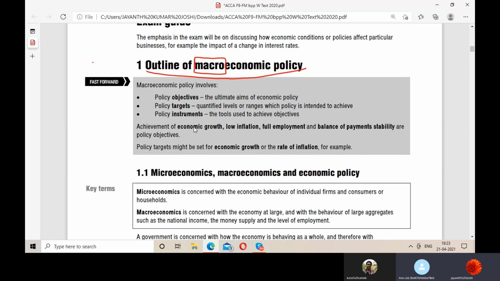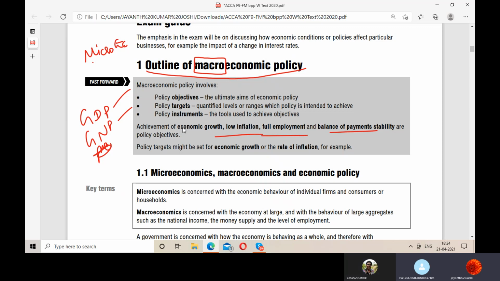You study in macroeconomy the GDP, the gross domestic product, GNP, the per capita income of a country. Per capita income is generally related to individuals, so I'll say it is more of microeconomics. But GDP, GNP, export-import related issues, that is balance of payment, stability, full employment, low inflation, all these are the things which you study in macroeconomics, correct?